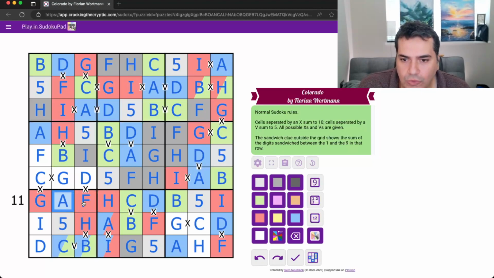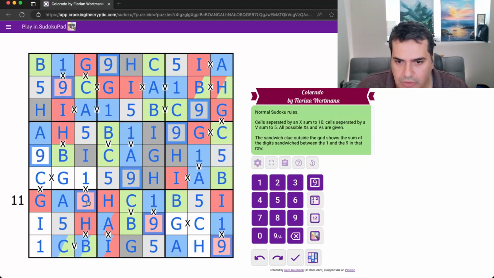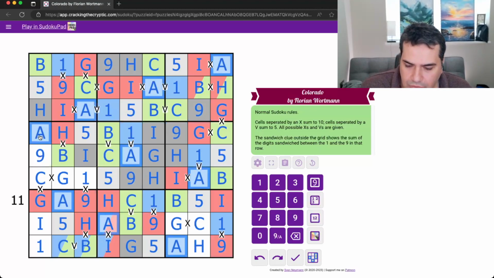So even if we take 1, 6, 7, that's 14 as a minimum, so it's not C. So hopefully that's a little bit clear. D is our 1 paired with an F, that's our 9, and that should help us finish the grid fairly quickly.